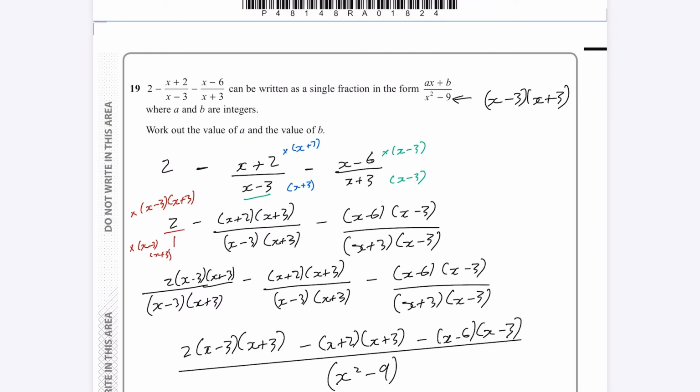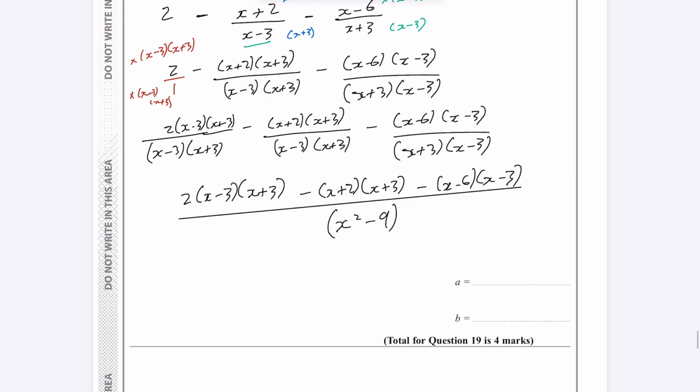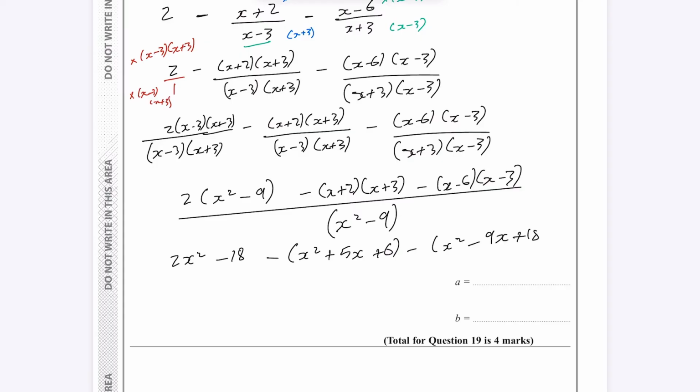We just need to expand all of this out, so let's get cracking. When you expand this, remember I can rewrite (x minus 3)(x plus 3) as x squared minus 9. So that will become 2x squared minus 18, minus, in this case, x squared plus 5x plus 6, minus x squared, so that'll be minus 6 minus 3x, so that's minus 9x plus 18, all over x squared minus 9.